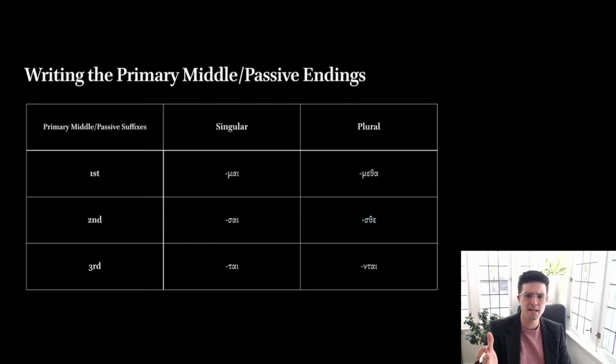And so I've got this up here for writing the primary middle passive endings. Go ahead and take one more look at the endings here. Maybe say it aloud one more time. And let's go ahead and pause the lecture, and on your whiteboards, fill out your endings here. How did you do?